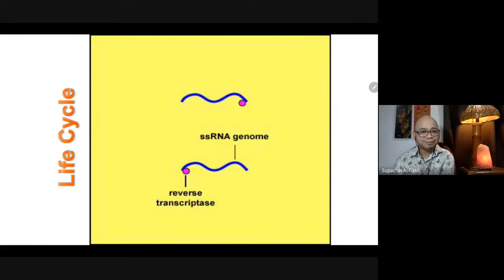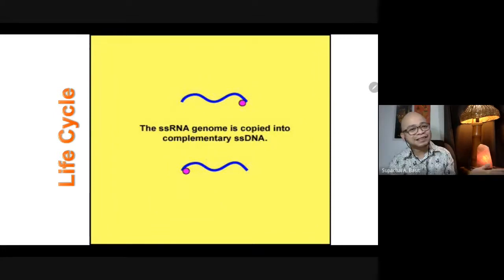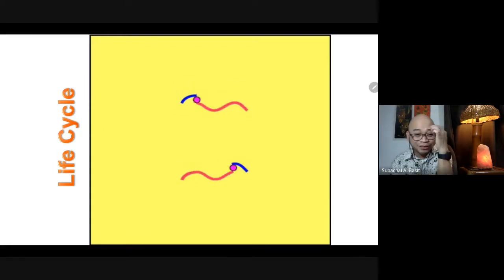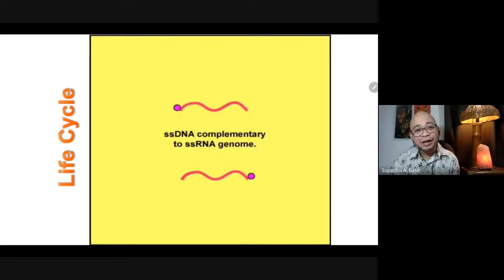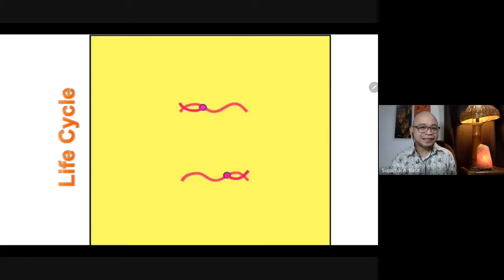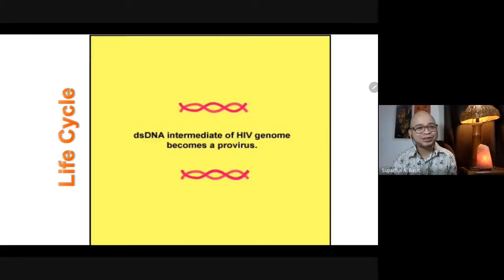And remember, we have an enzyme known as reverse transcriptase. So the virus has the enzyme reverse transcriptase, and it will now start to encode DNA. So ssRNA to ssDNA real quick. And then from single-stranded DNA, it will now encode into double-stranded DNA.